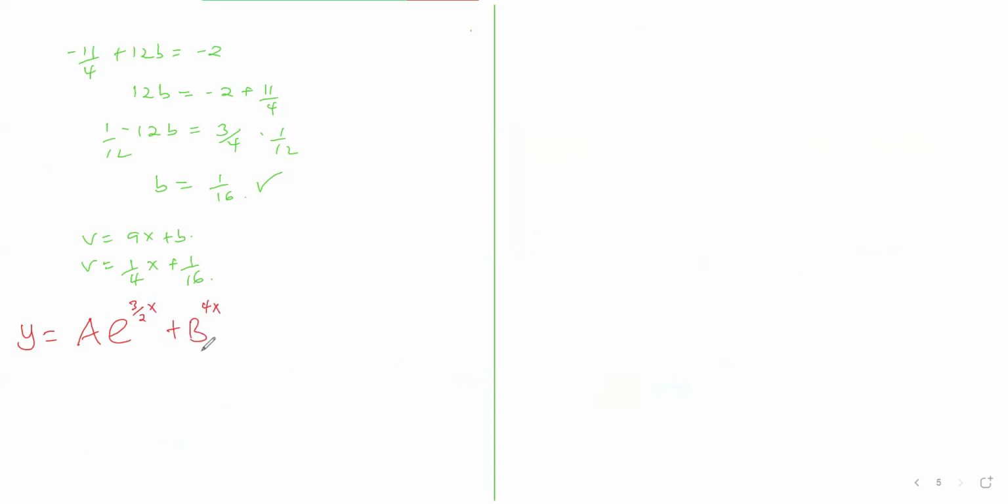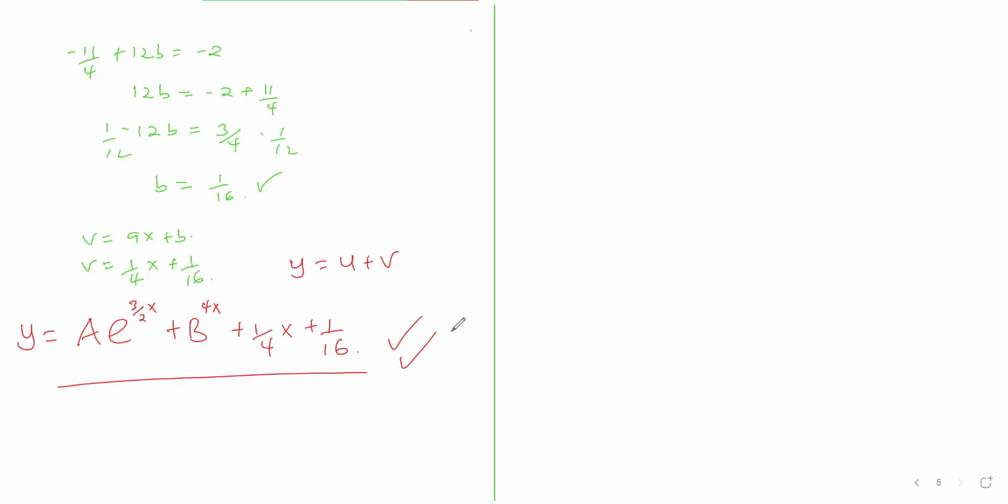Then this one is your u. Remember it is y equals u plus v. Then our v is this. So plus 1 over 4x plus 1 over 16. And that is your general solution.